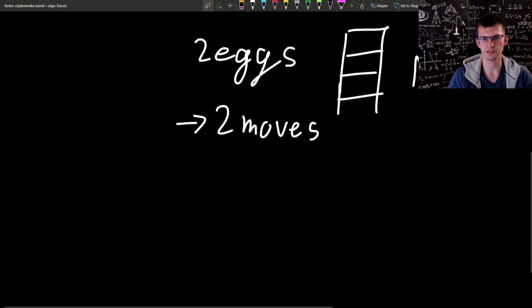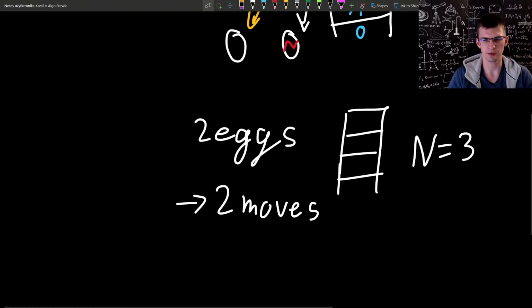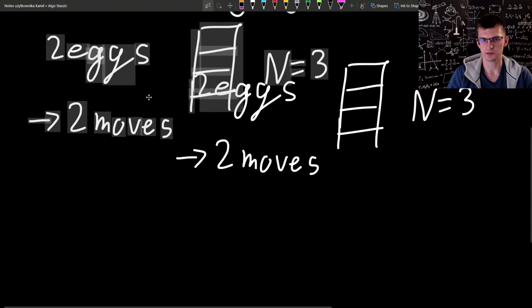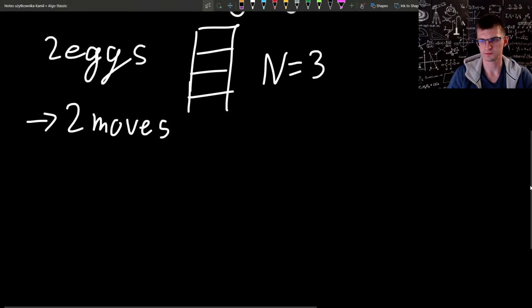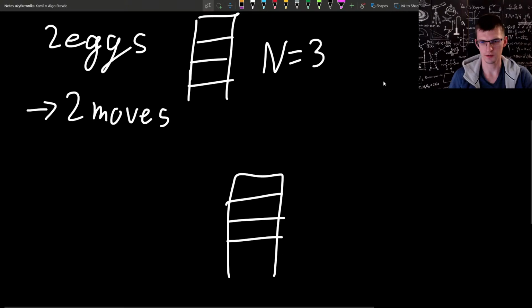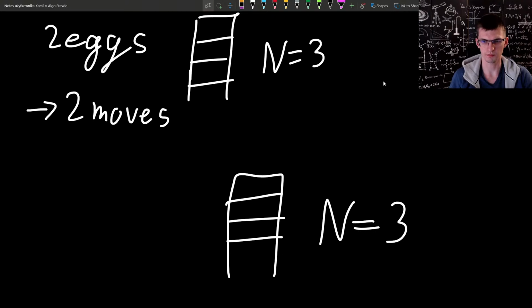But now consider the same case, n equal to 3, but this time with just 1 egg. Now n equal to 3, so everything is the same, but 1 egg.